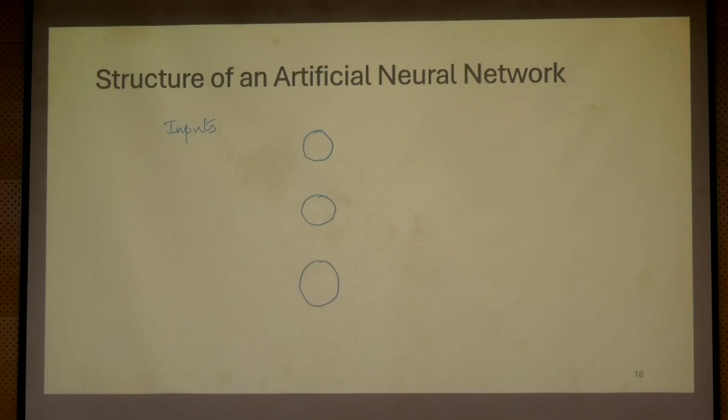I am indicating the input using an orange circle. Orange might not be visible, so let us use a different color. Purple, let's say purple circle. So I have 5 inputs, x1, x2, x3, x4, x5. I have 3 neurons, and let us say I have 2 outputs.